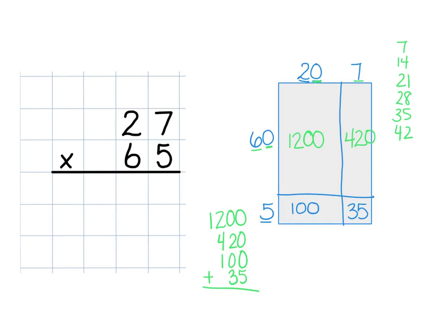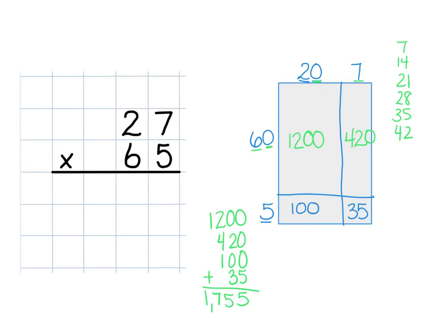Okay, now I'm going to add them up. 0 plus 5 is 5. 2 plus 3 is 5. 2 plus 4 plus 1 is 7. And 1,000. Now we're going to solve our standard algorithm problem and see if we get the same thing.